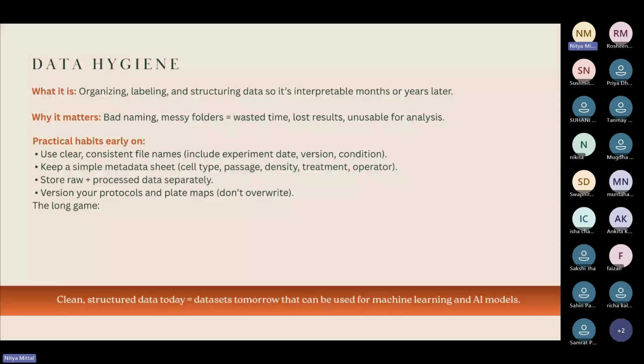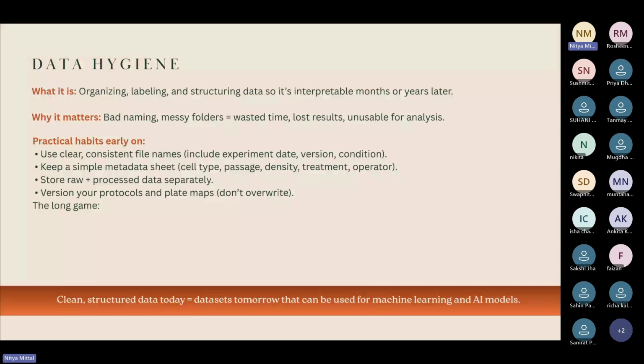But if you ever want your experiments, in the age of AI, to feed into an algorithm, the very first step is not getting a fancy algorithm. It's just a clean, tidy data set. And so some simple habits that you can do is use clear, consistent file names.